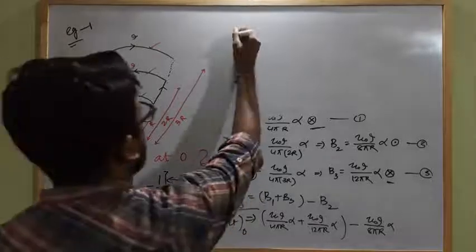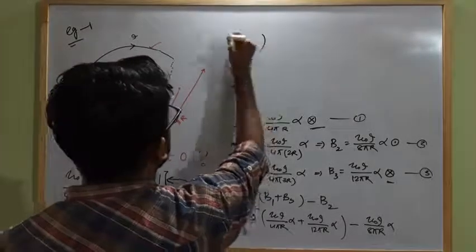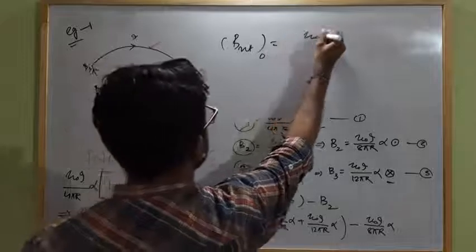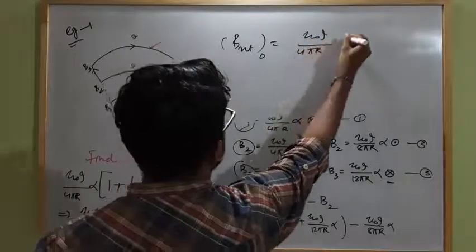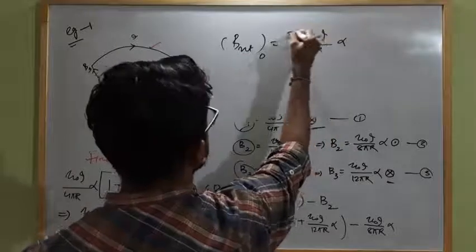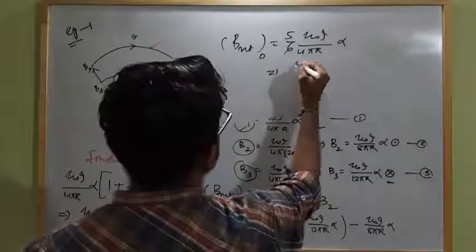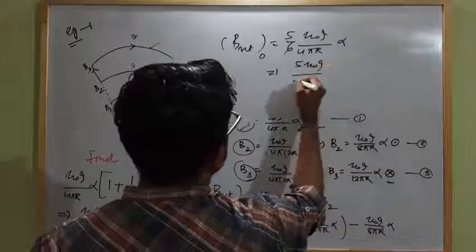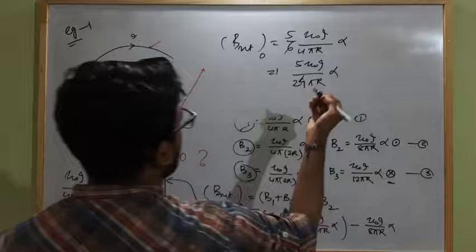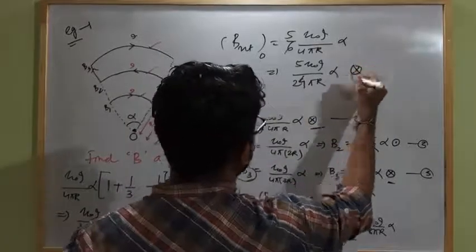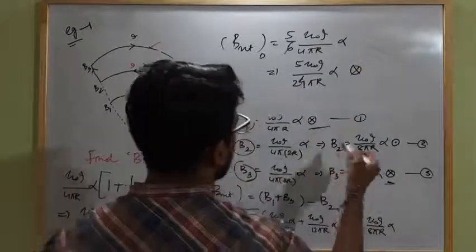So B net at O will be how much? Mu naught I divided by 4 pi r alpha into 5 by 6. So this can be written as 5 mu naught I by 24 pi r alpha, and the net strength will be inward, as here the inward strength is more.